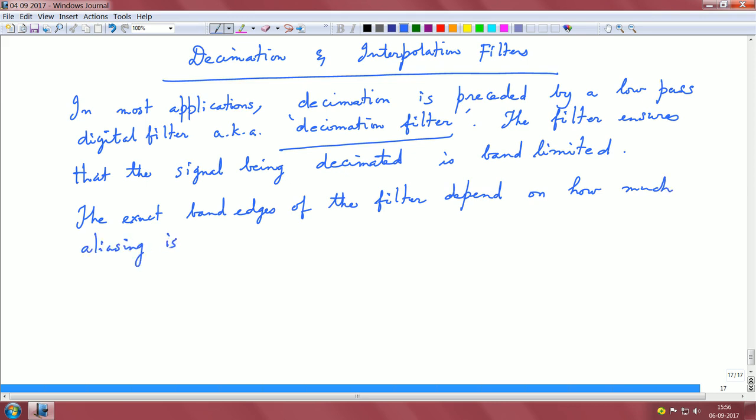aliasing is permitted. This is very, very important, because you may think, well, can I just filter first then downsample, or downsample first then filter, right. These questions will naturally arise in your mind, but your common sense at this point should tell you that nominally if you were to downsample or reduce the sampling rate, you should have a decimation filter before that.